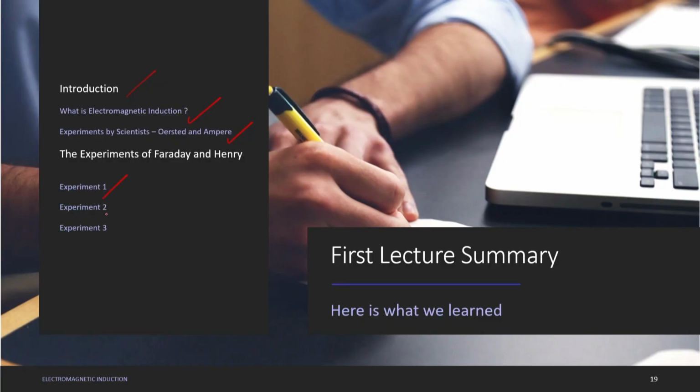We also learnt about all the units which were used in the experiments by Faraday and Henry, like the galvanometer, the coil, the bar magnet, and the tapping key. All these concepts were told, followed by the explanation of experiment 1, experiment 2 and experiment number 3.